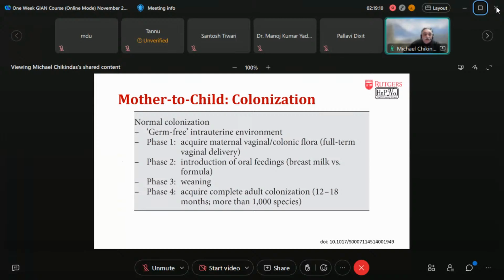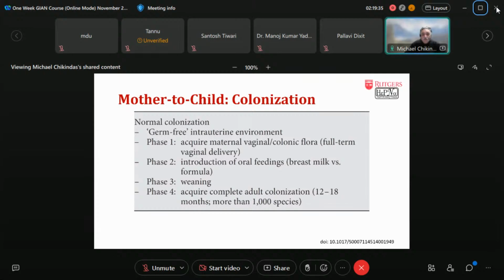So, mother-to-child colonization, some of the take-home messages here. With regard to the normal colonization, we have a kind of germ-free intrauterine environment, which is not really true. Phase 1, acquired maternal vaginal and colonic microorganisms. This is a normal delivery.